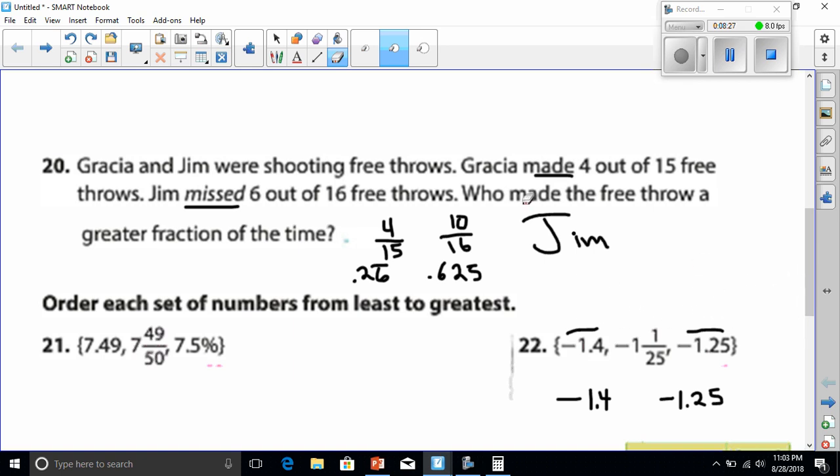If I were to do this, I see that I have to turn this fraction into a decimal. Remember, there's a number of ways to do it. One would be, well, how do I turn 25 into 100? Well, 25 into 100 is going to be 4. We need 4 to do that. So we would say that we'd have 1 over 25, and I could multiply the top and bottom by 4.